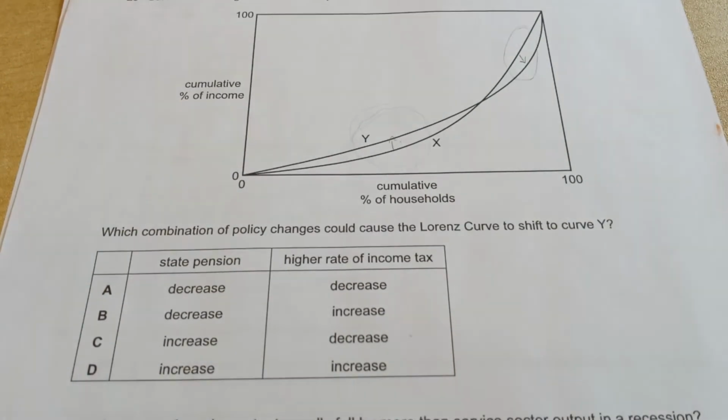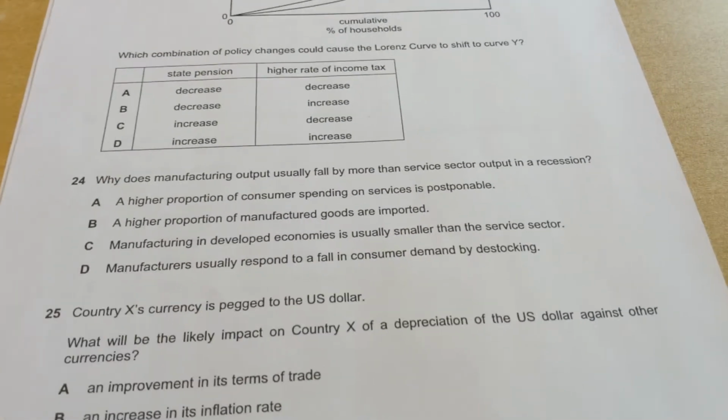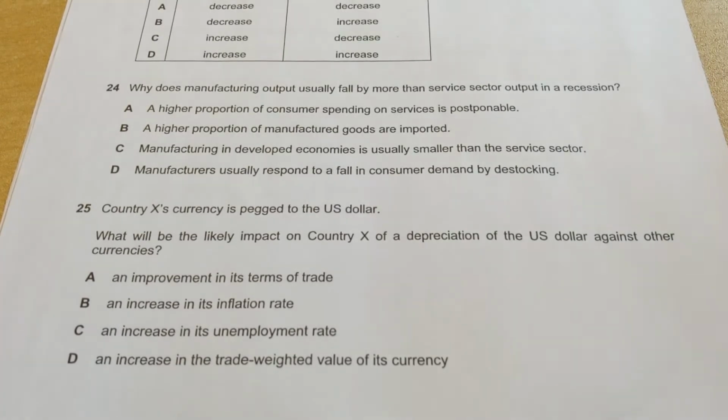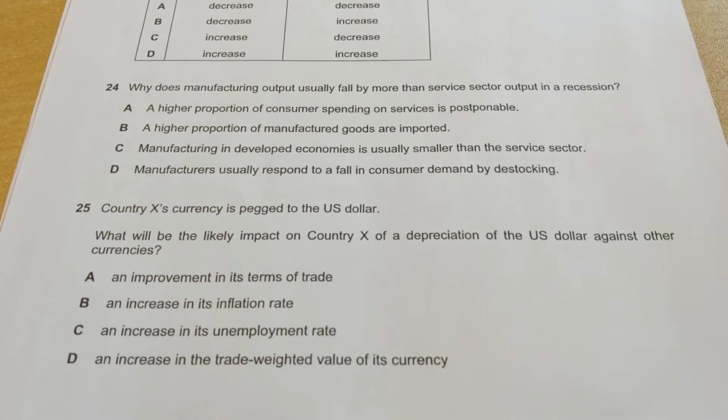Okay, so moving on, 24. Why does manufacturing output usually fall by more than service sector output in a recession? Okay, if you think about it, manufacturing output involves producing stock. It also involves work in progress, that's another key component of stock, as are raw materials.